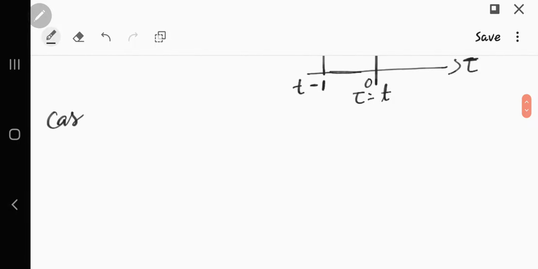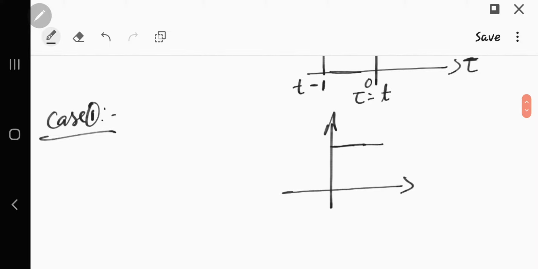I will take the first case, case 1. So this is the signal 0 and 1. Now I will take the shifting signal. I'll keep this t less than 0. That means I am finding the region where there is no overlapping here.